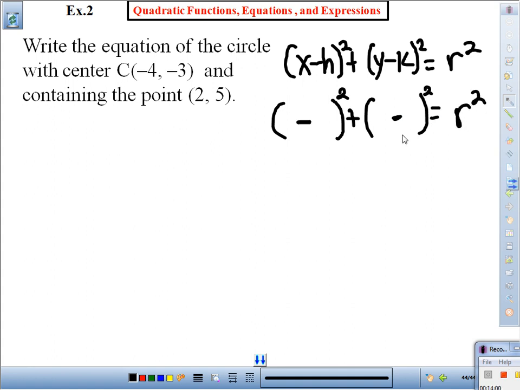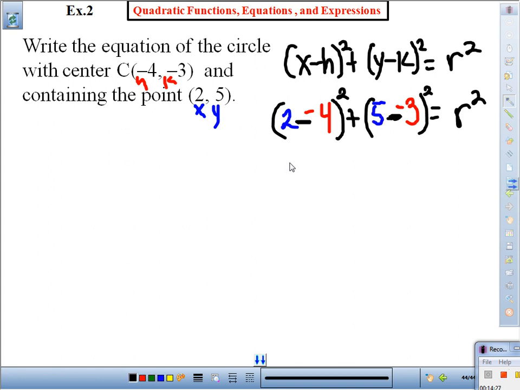So, why was this so important? Because we need to not forget that there's a subtraction for each of those before we do the substitution. Let me label. We got H, K, X, Y. Let me substitute. H is negative 4, K is negative 3, X is 2, and Y is 5.